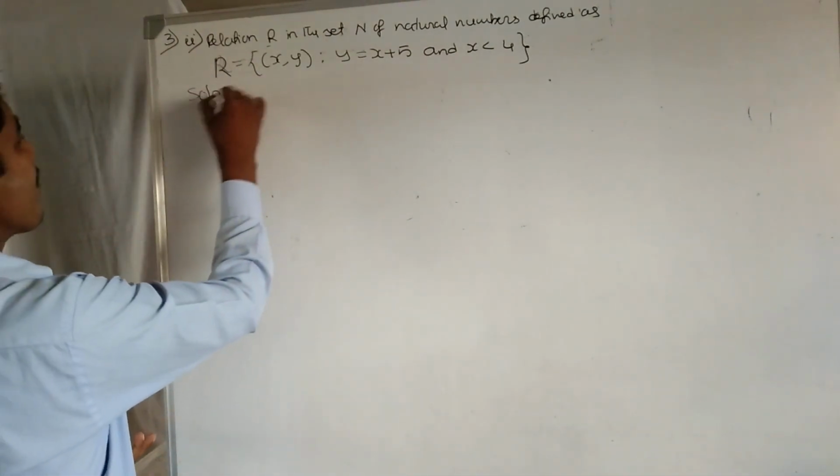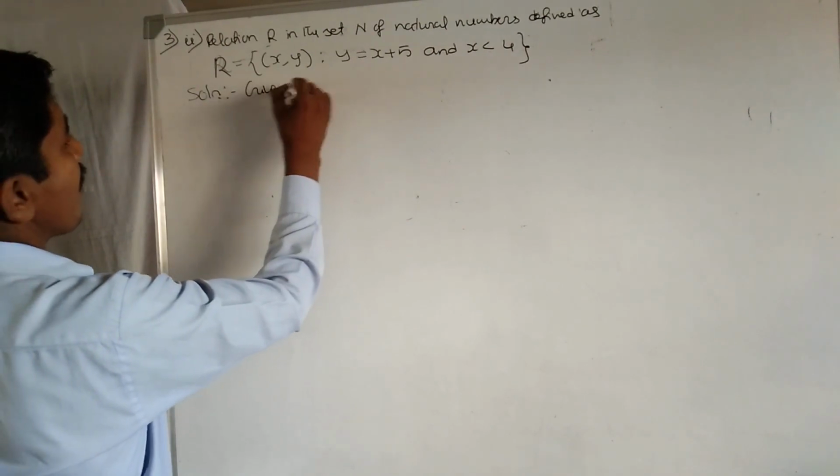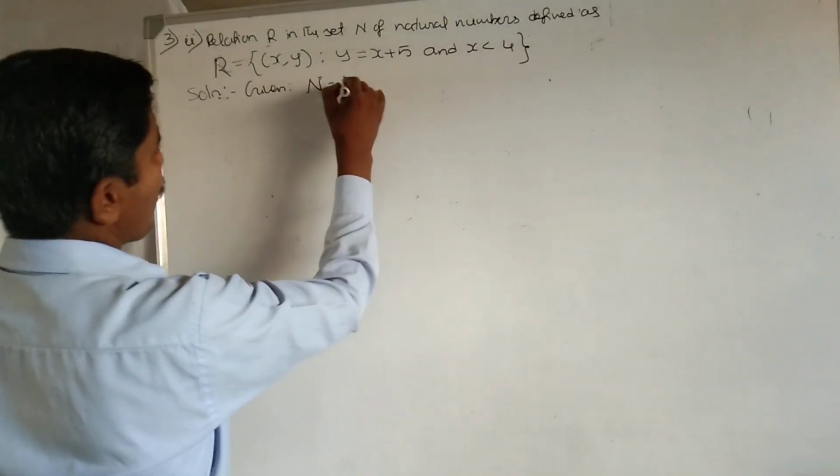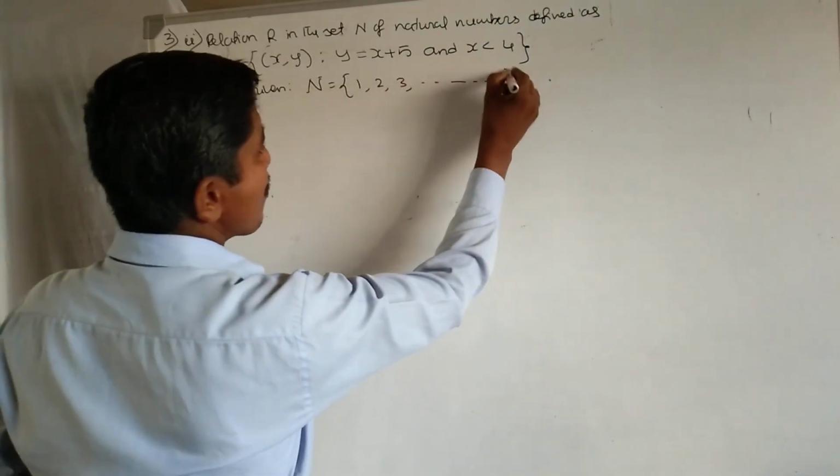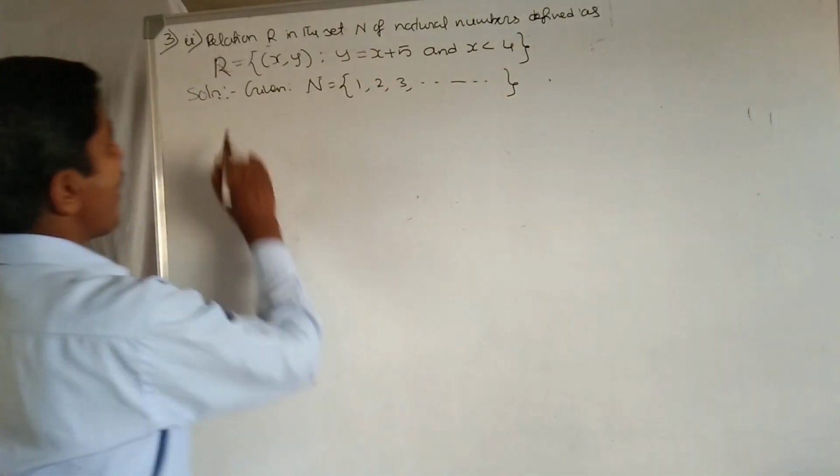So here the given set capital N equals the set of all natural numbers 1, 2, 3, and so on. Clearly it is an infinite set.